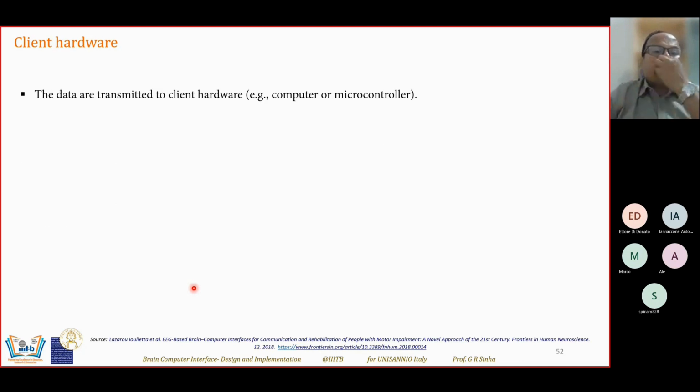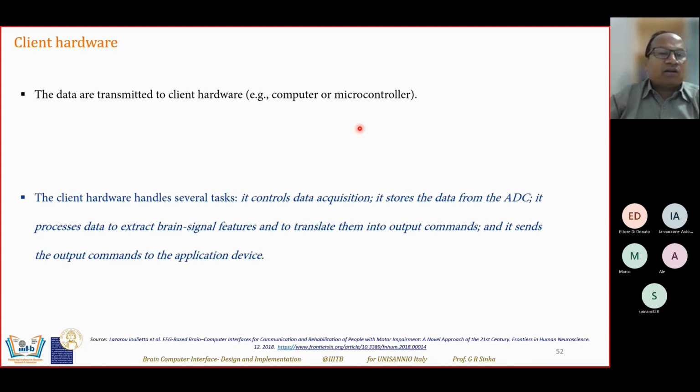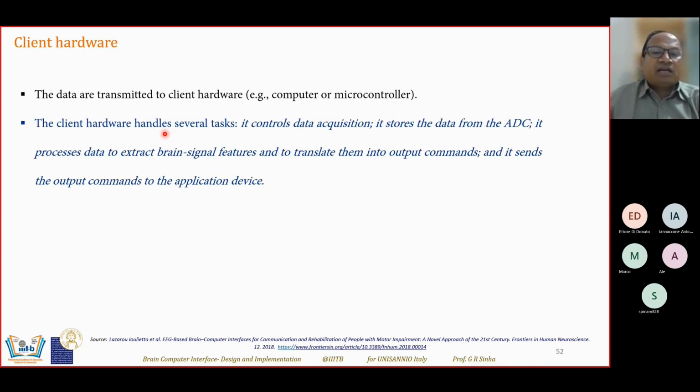And then you need to have client hardware. When you have an interface, you need client hardware. What will be your client hardware? That will be nothing but a computer or a microcontroller. The client hardware can perform a number of tasks: it controls data acquisition, it stores the data from the ADC, it processes the data to extract the features, and then finally it has to translate them into output commands, and also send those commands to the application device.